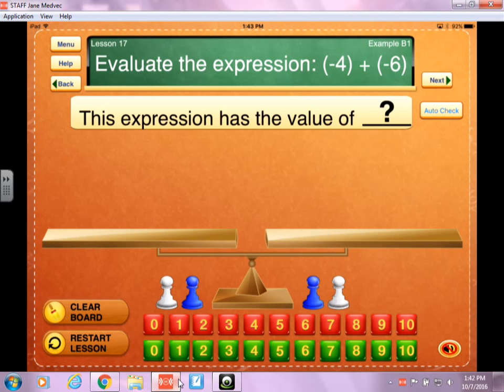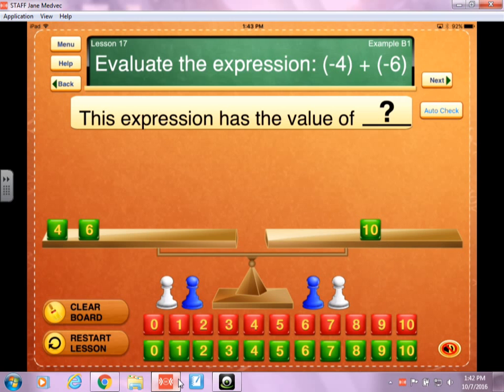I grab a -4, which is a green cube. See that? And then I'm going to add another green cube, which is 6. And so my final answer then would be -10, and that's a green cube on the other side. So in other words, if I got two cubes that are the same color, all I do is add them together, right?